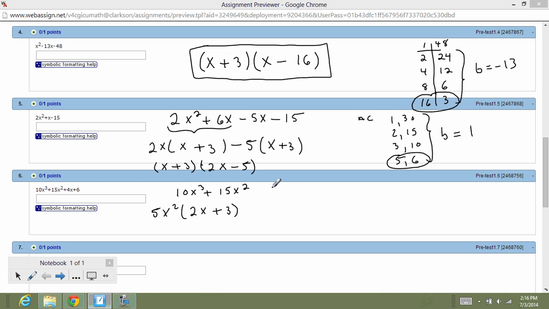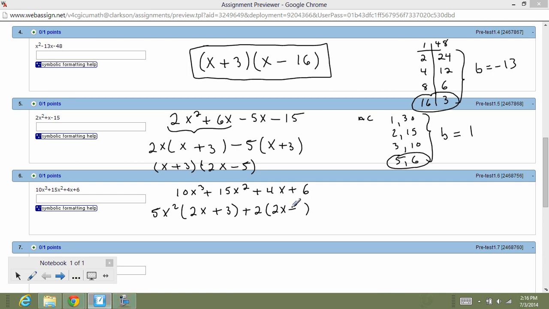And then as you look at the last pair, the plus 4x plus 6, they both share a multiple of 2, so we factor out a plus 2, divide out a plus 2 from each term, and that leaves you with a 2x plus 3.